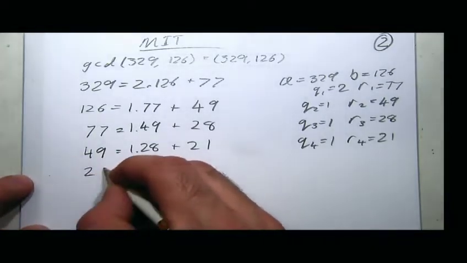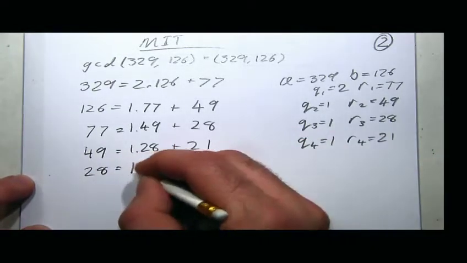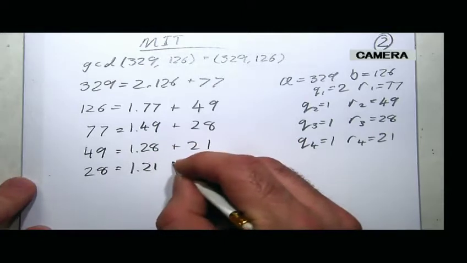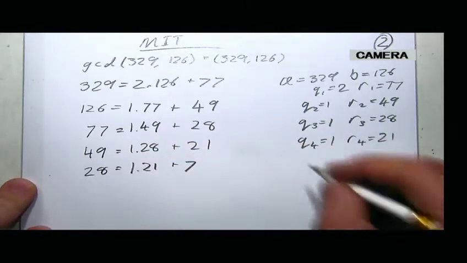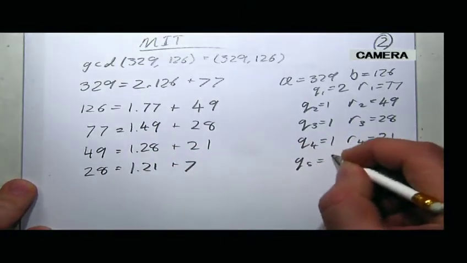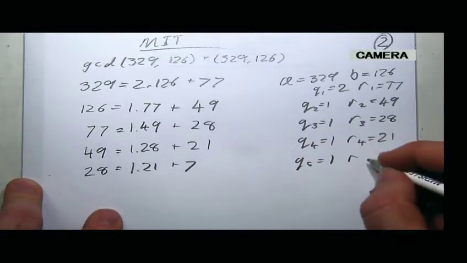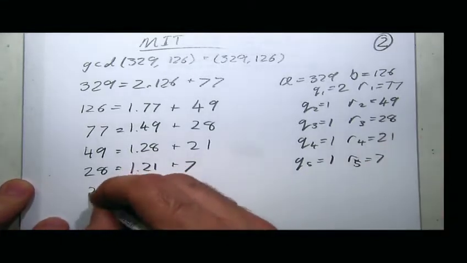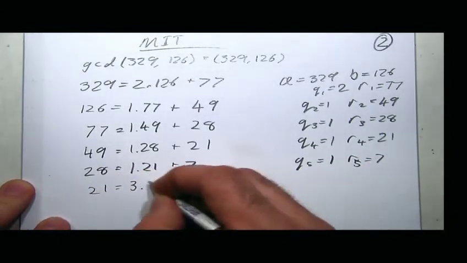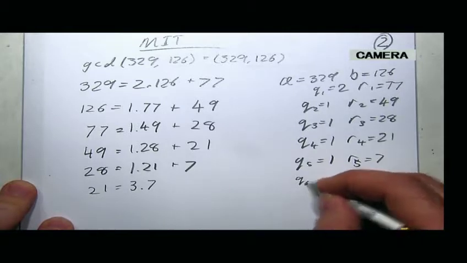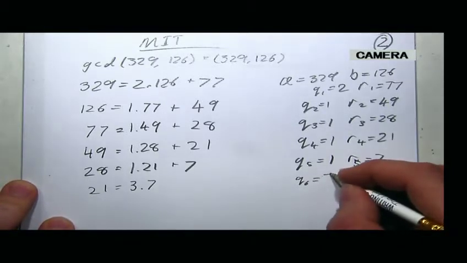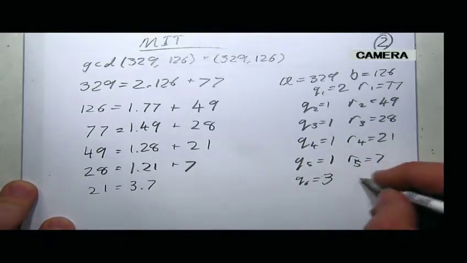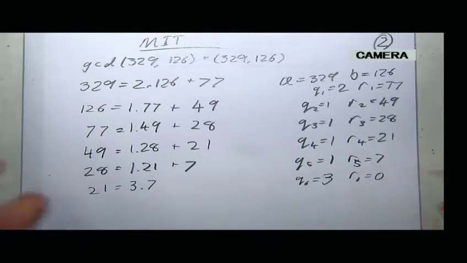So move things along. Now, I am going to move fairly fast through this. Plus 7. So Q5 is equal to 1, and R5 is equal to 7. And so 21 is equal to 3 times 7. So my Q6 is equal to 3, and my R6 is equal to 0.